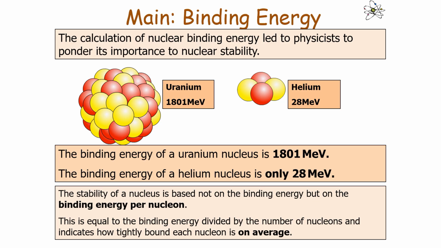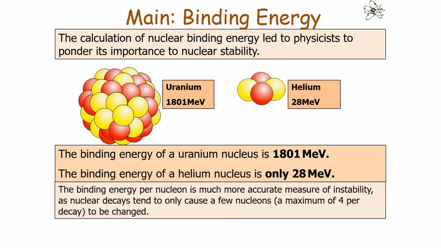So it tells us how tightly bound each nucleon is to the nucleus on average. The binding energy per nucleon is a much more accurate measurement of instability, because nuclear decays tend to only cause a few nucleons, a maximum of 4 in alpha decay, to be changed.